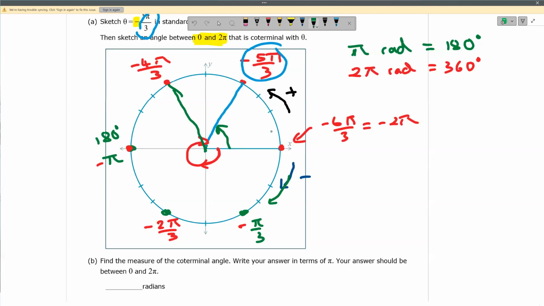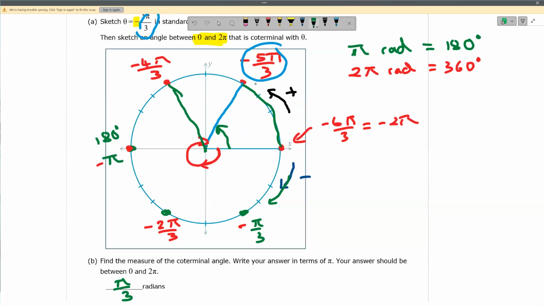From here to here is a third of half the circle, so that's 1/3 pi, or pi over 3. So your coterminal angle is pi over 3.